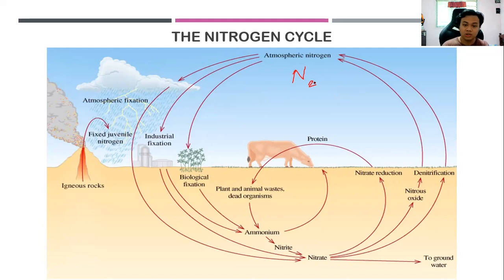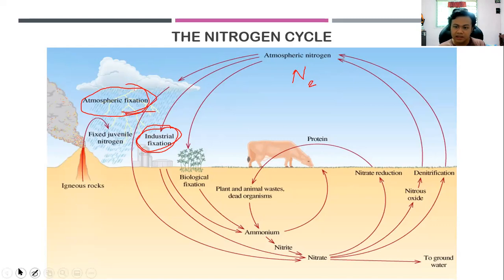So N2. But our focus usually in chemical engineering is in the atmospheric fixation of nitrogen and the industrial fixation. Commonly, as chemical engineers, our interest is in the industrial fixation of nitrogen.